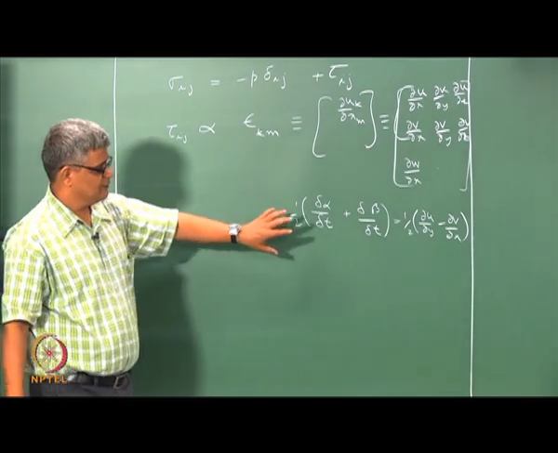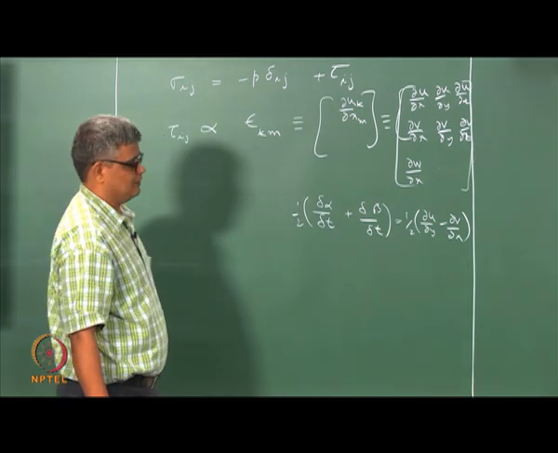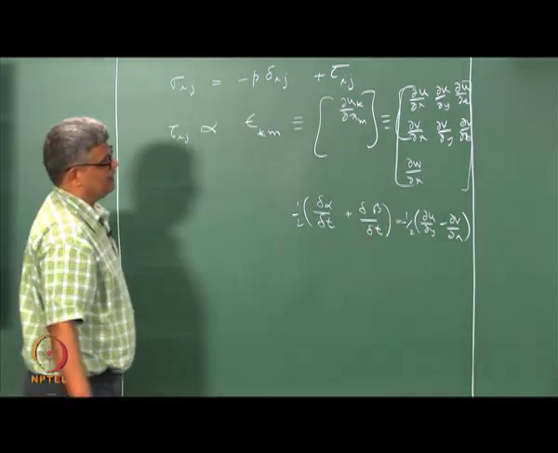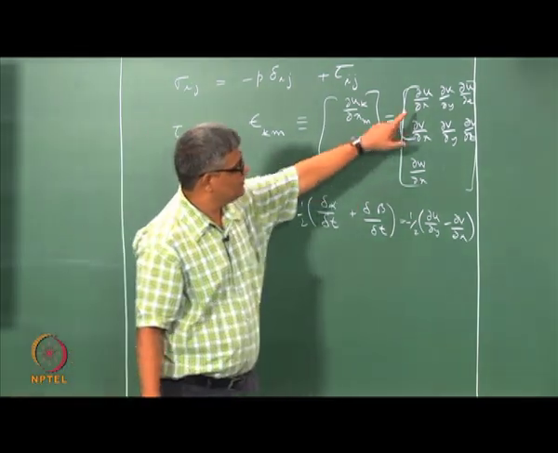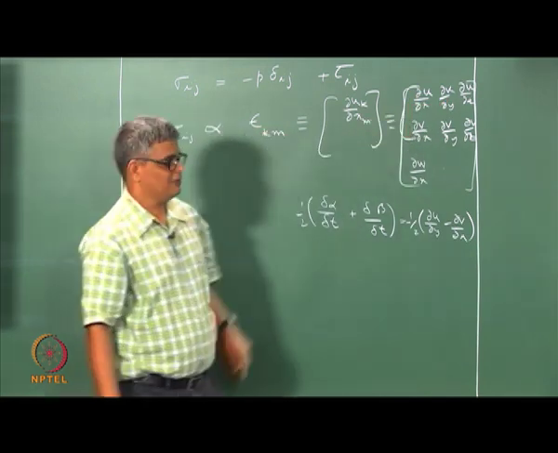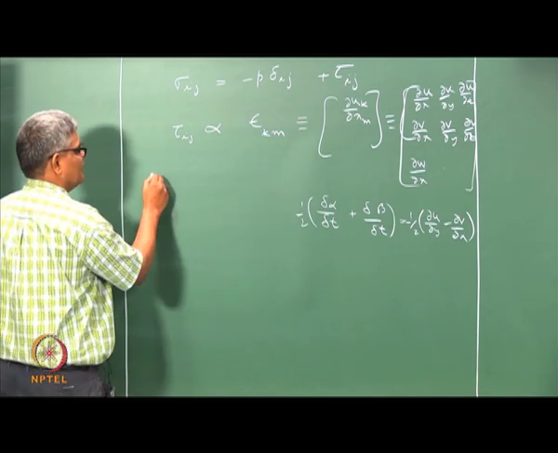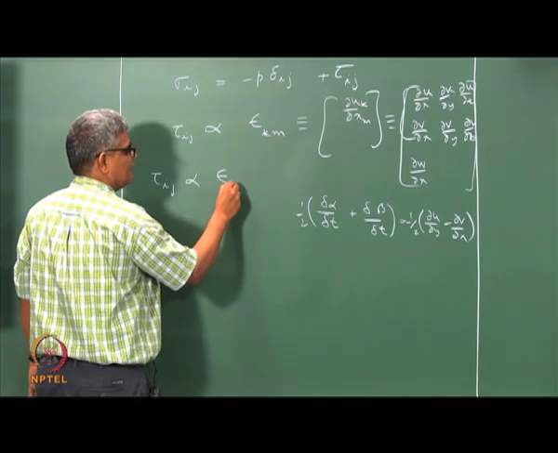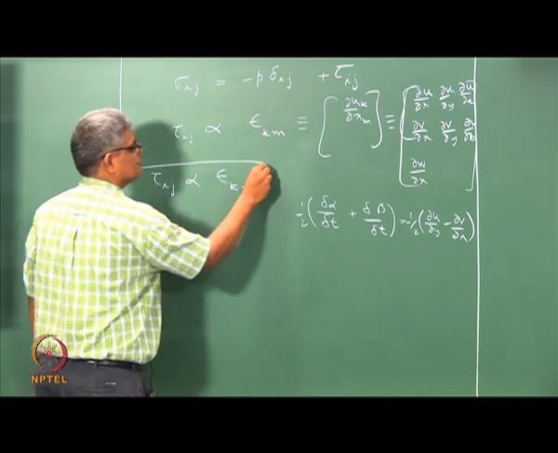This is the shear rate, expressed in this particular form, perhaps with a negative sign here, and it is a linear combination of two elements, dou u by dou y and dou v by dou x. So we are now seeking a linear relation between tau ij and epsilon km. This is a hypothesis.